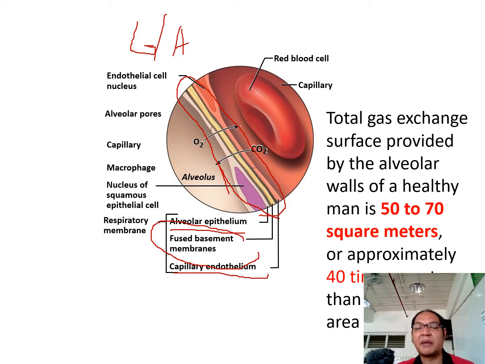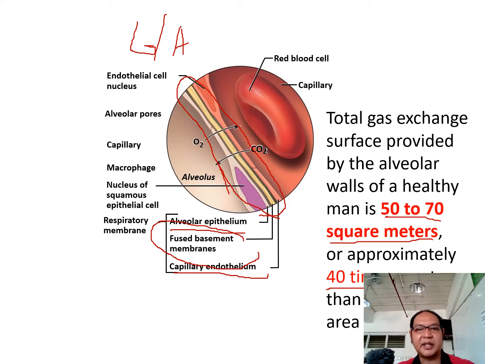wherein gas exchange is happening. It says here that the total gas exchange surface provided by the alveolar walls of a healthy man is 50 to 70 square meters. That's very big, very wide. It's like a basketball court, or approximately 40 times greater than the surface of the skin.